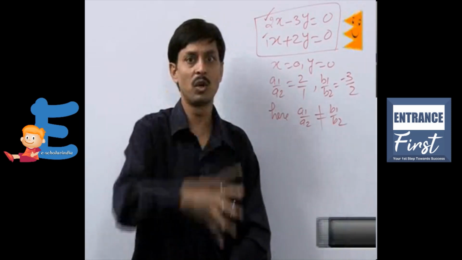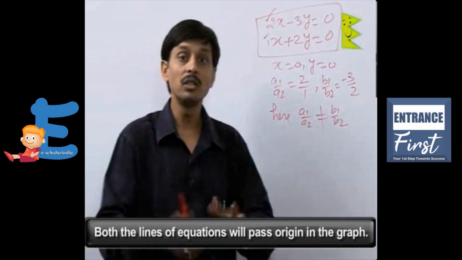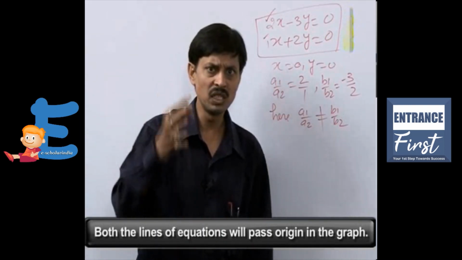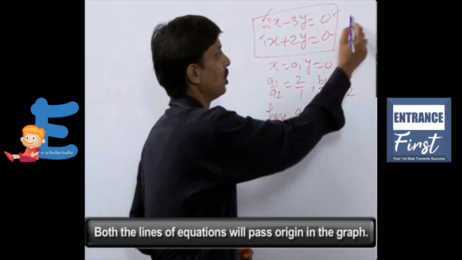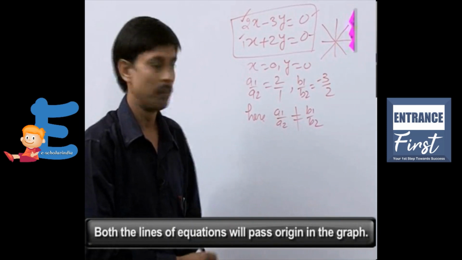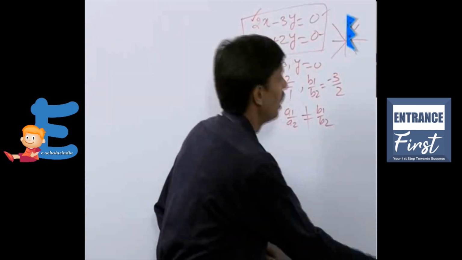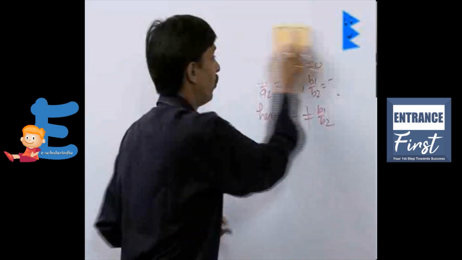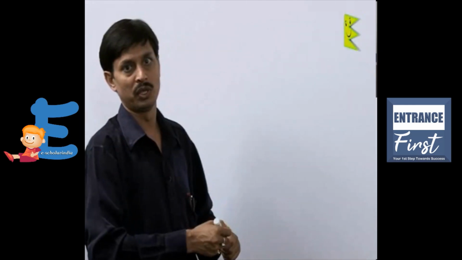There is one more thing that is always remarkable: if C1 and C2 are 0, 0, the equations must pass through the origin. The graphs of these two equations will pass through where? Origin, because C1 and C2 are 0. So now I am writing a set of equations where the values of C1 and C2 are 0, but there exists a non-zero solution also.